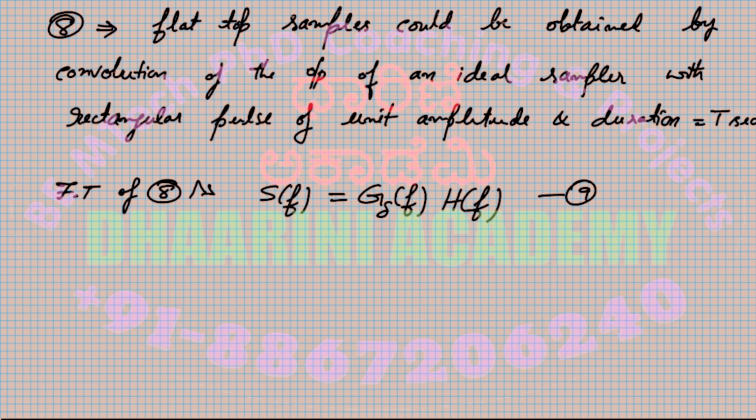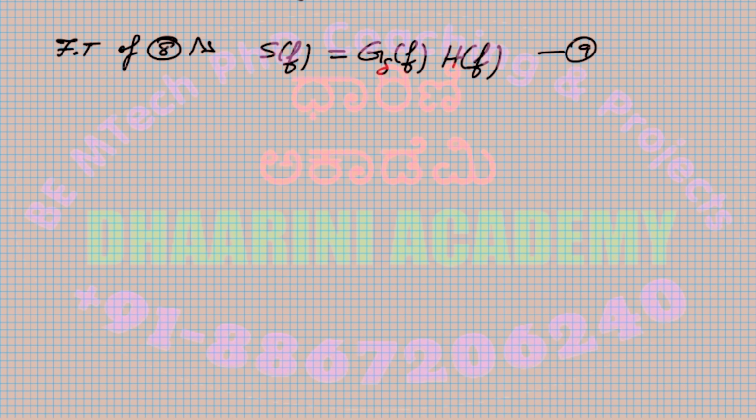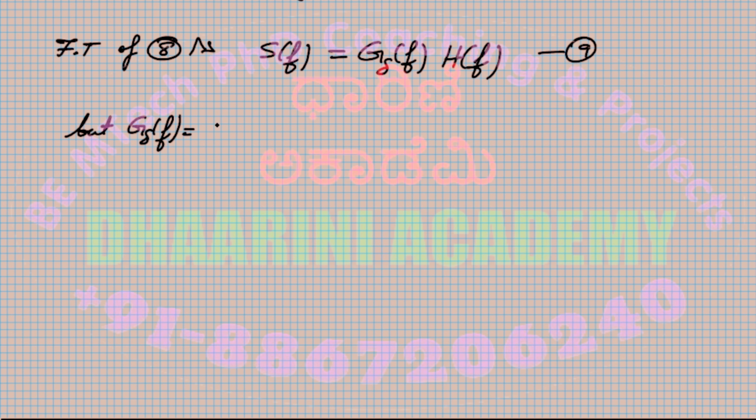Now, we already have an idea about the G delta of f from our previous discussions. The capital G delta of f is equal to fs into the summation n equal to minus infinity to plus infinity, capital G of f minus n times fs. So this is equation number 10.